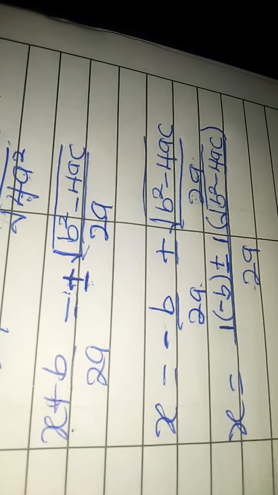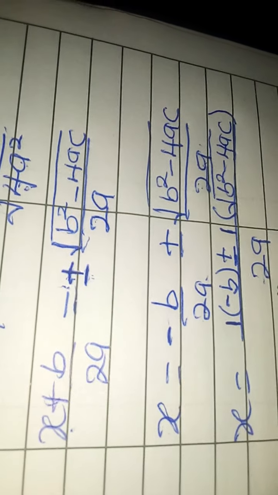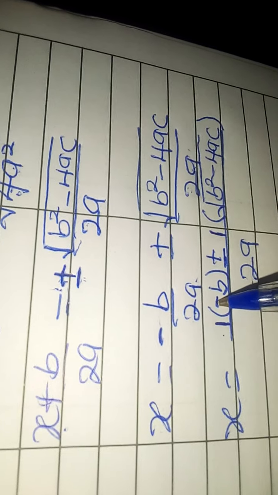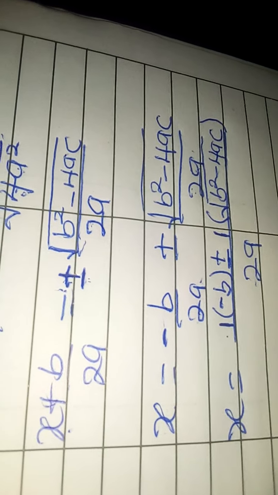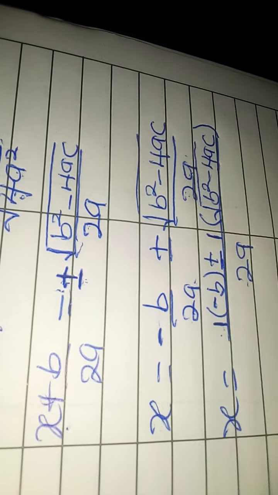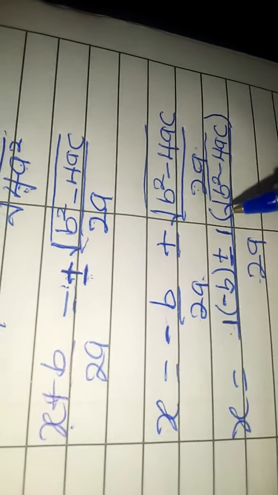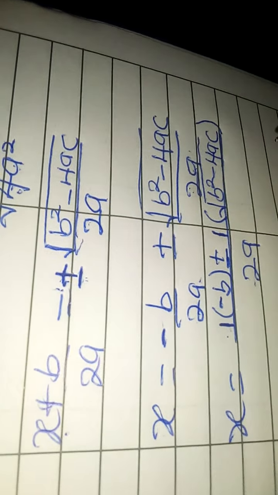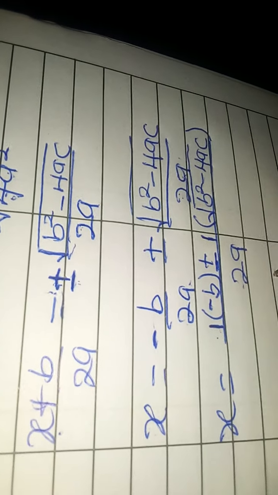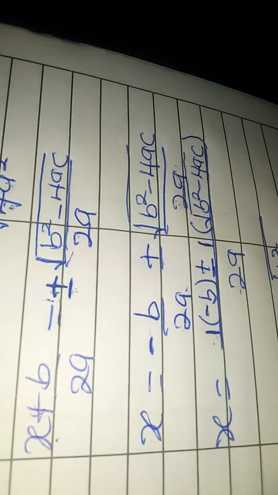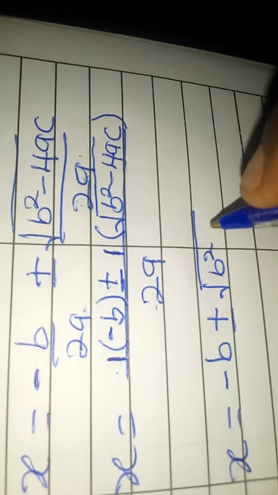Don't forget to write the x, because you are arriving at a point. Negative will be what? Negative. Now 1 times b will give us b. Plus or minus is there. 1 times any number is the number itself. So we have square root of b squared.